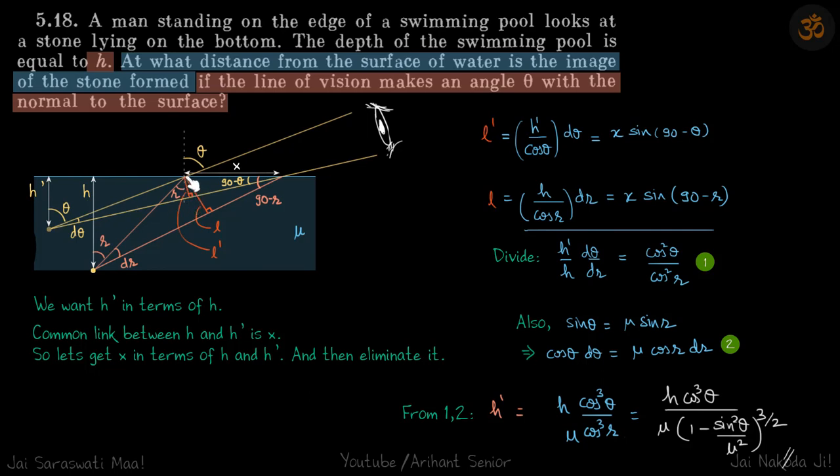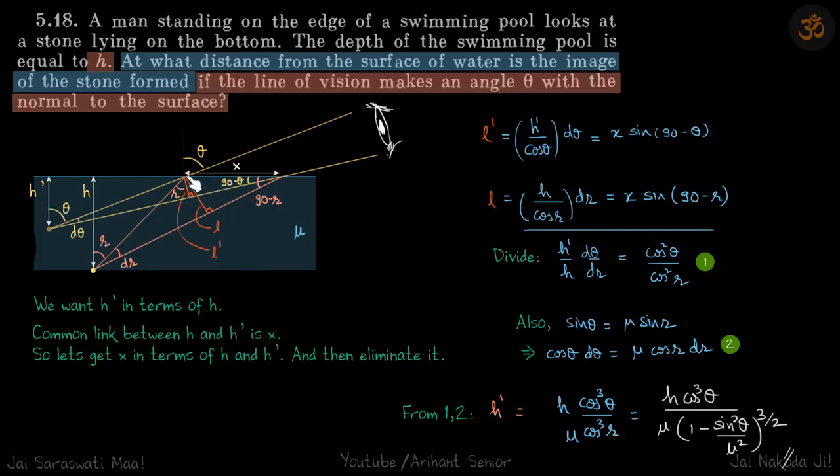So from this point on this ray and from this point on this ray. Now what this perpendicular does is it divides this bigger triangle into two right angle triangles. So now it's easy to relate x and h dash because we can find the length of the perpendicular in terms of x and h dash.